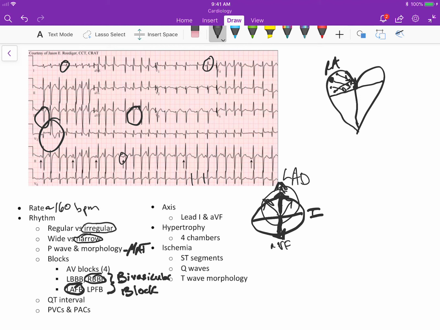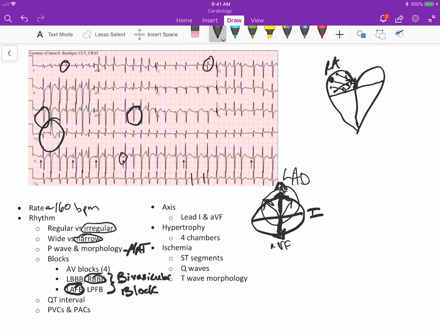Moving on to ST segment changes. Let's see. Starting in lead 1, lead 2, I don't see really strong evidence for ST segment changes. Yeah, I mean, potentially some depression going on, but nothing that is jumping out to me.